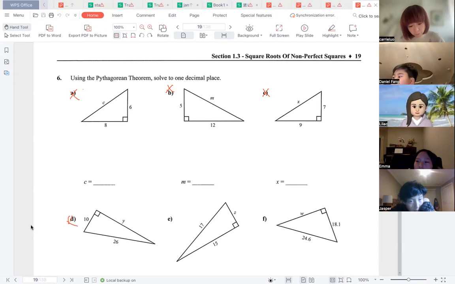Hold on, Carrie. Is the theorem like a squared equals b squared? Yeah, wait, yeah. Okay.